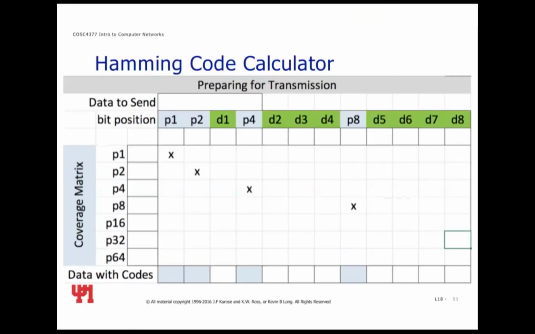So the idea behind Hamming codes is we're going to intersperse some parity bits, and we're going to do it in the places where only a single 1 is required to represent a particular binary number. And that's going to turn out to be all the powers of 2.